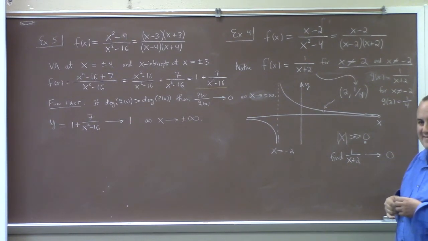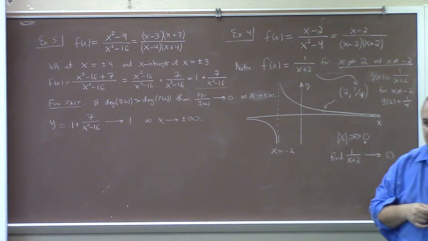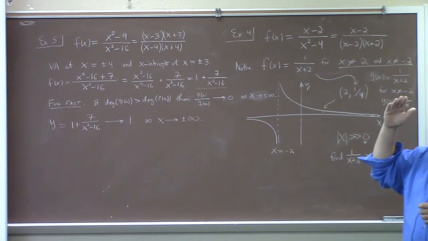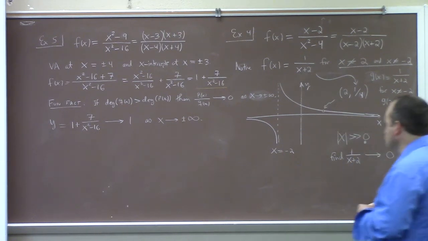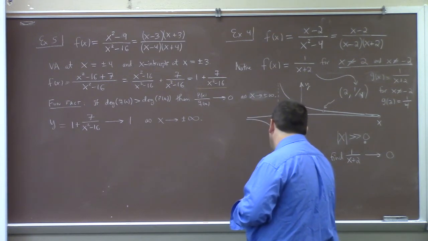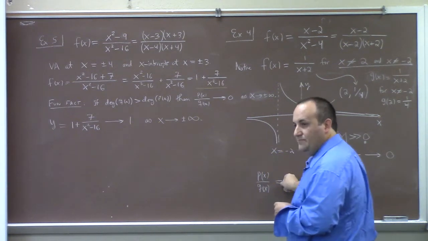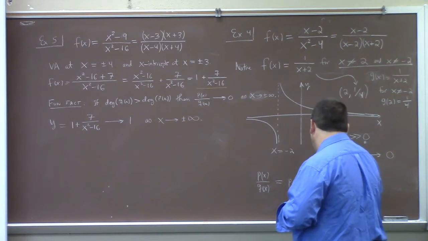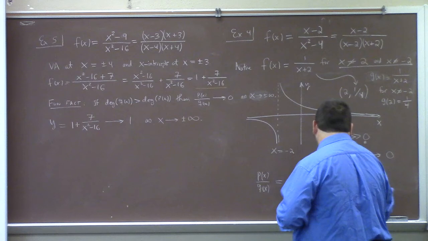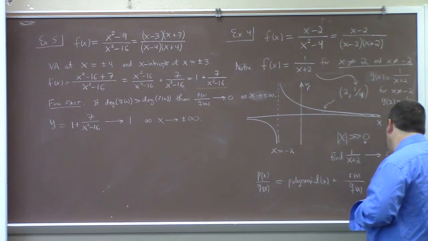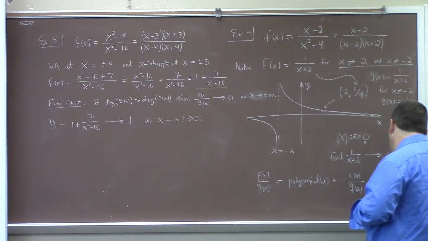Then interesting stuff happens, stuff that I shouldn't talk about in this course. But you can get things called slant asymptotes, or even parabolic asymptotes. You can basically get the large-scale behavior of the rational function resembling the polynomial part. Because generally speaking, if you have p of x over q of x and you do the long division, what you'll get is a polynomial piece plus the remainder over q of x, where the degree of the remainder term is less than the degree of the denominator.